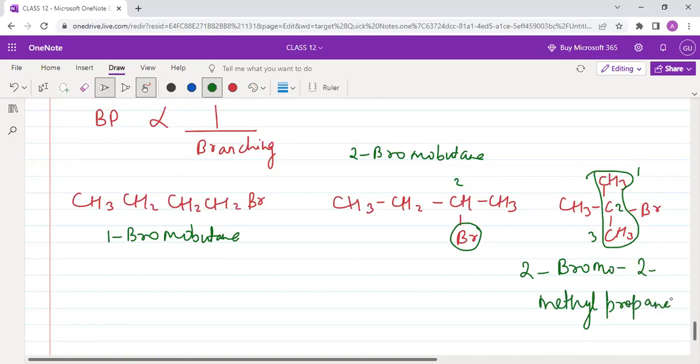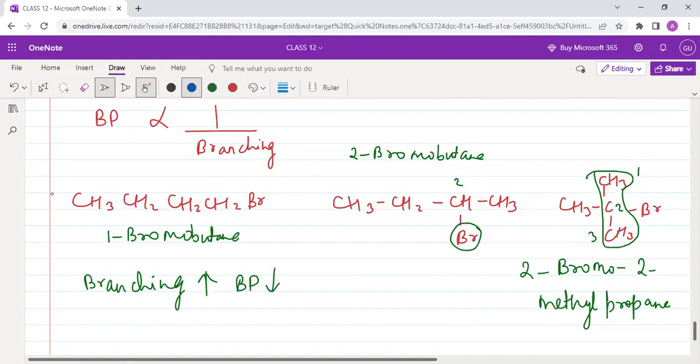It's 2-bromo-2-methylpropane. In the first compound, all are arranged in a straight line, in the second there is one branching, and in the third, two branches. Boiling point is inversely proportional to branching. If the branching increases, boiling point will decrease.